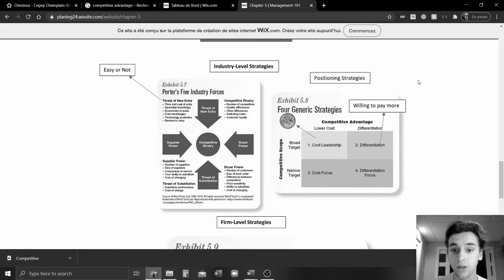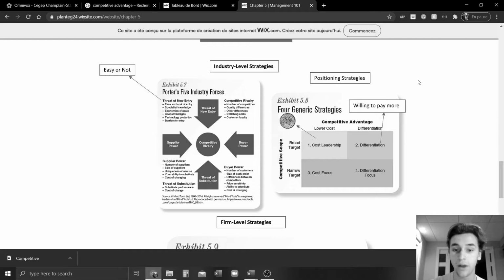So first, there's cost leadership. It is when you are trying to sell a common good but lower than all of the competitors. You can also opt for differentiation. This is when the customer is willing to pay more because you're offering an alternative to the current product.